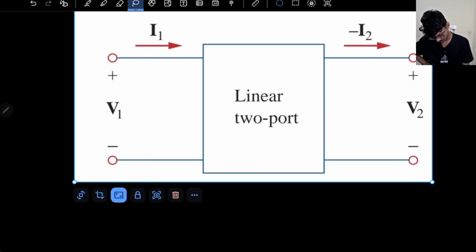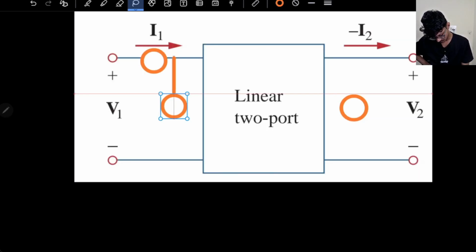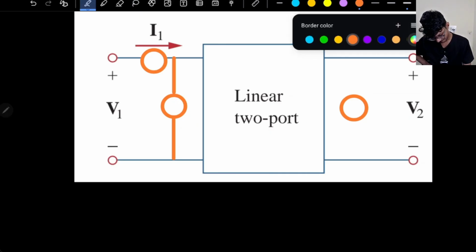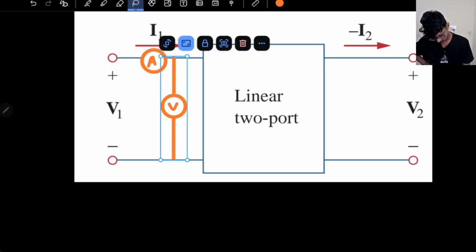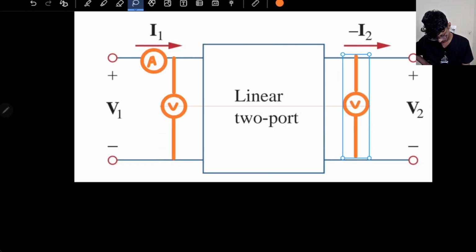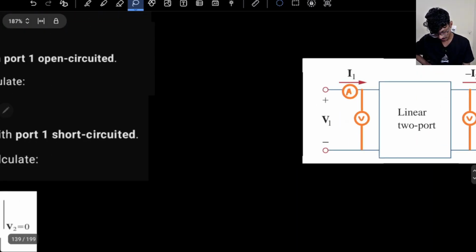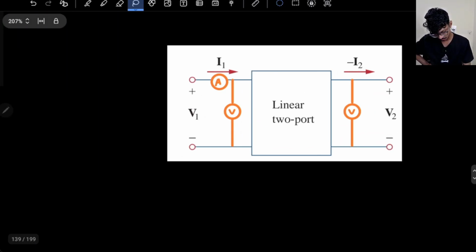This is the scenario, and of course I2 is open circuited, so the current there will be 0.